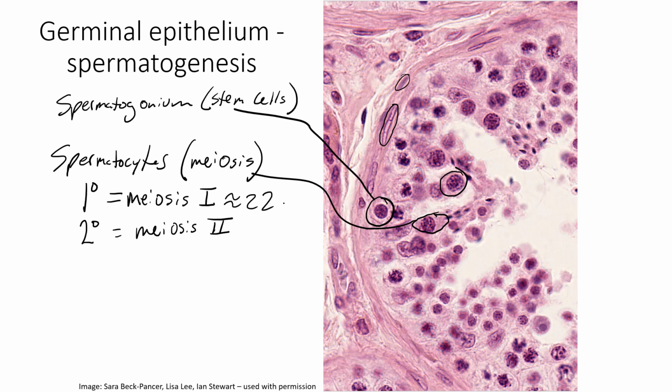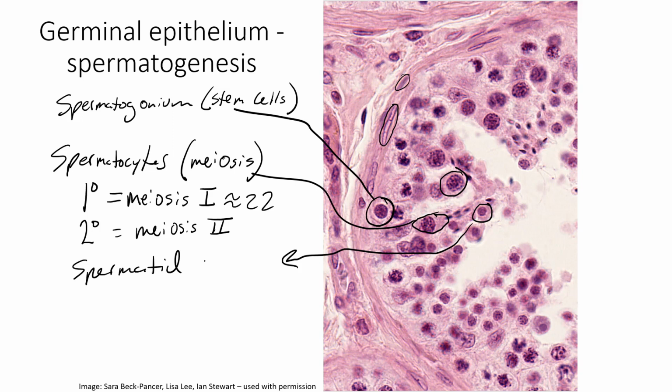It's about 3 weeks. So there's a good chance that any spermatocyte you see is probably a primary spermatocyte, because they stay frozen in prophase 1 for 3 weeks and then very rapidly move through the rest of meiosis 1 and all of meiosis 2 until they become one of these little guys, and that's a spermatid.